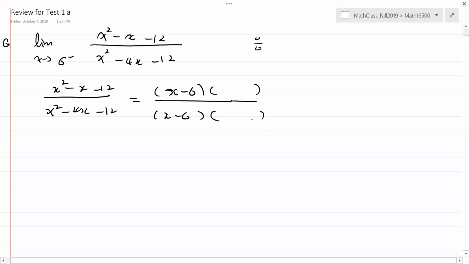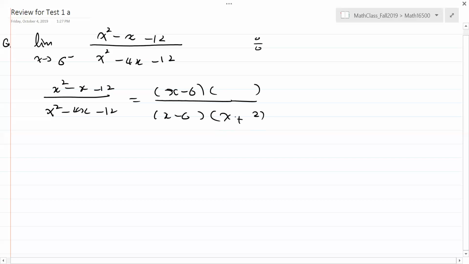Since you already know one of the factors, so clearly this should be 2. Then you double check. Wait a minute. No, it's not. Hold on, yeah. It's clear that we have a factor of x minus 6 in the denominator, okay?